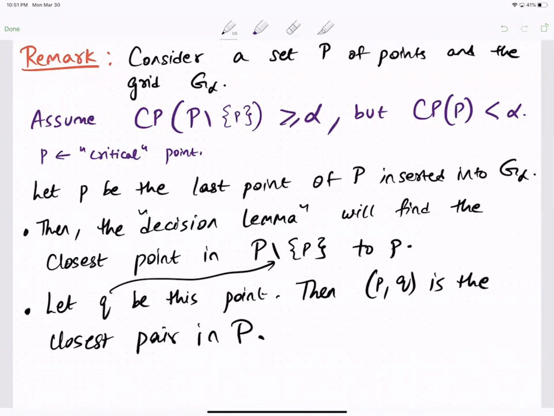So this lemma not only solves the decision problem; the point I want to make is that if this scenario happens, where the critical point, which we'll define more carefully later, happens to be the last one entering your G alpha, then it'll actually find the closest pair as well.